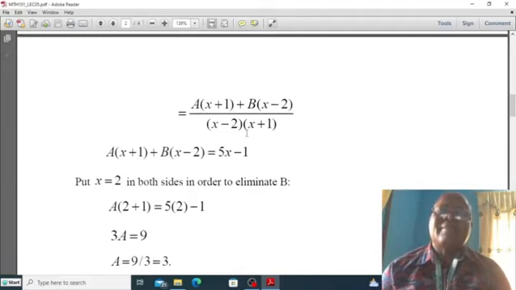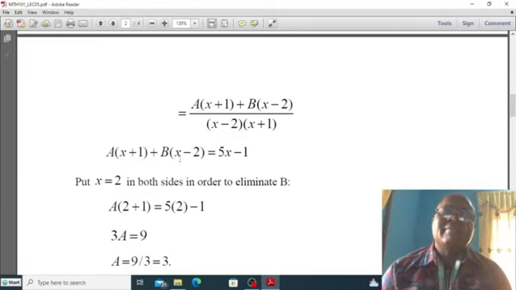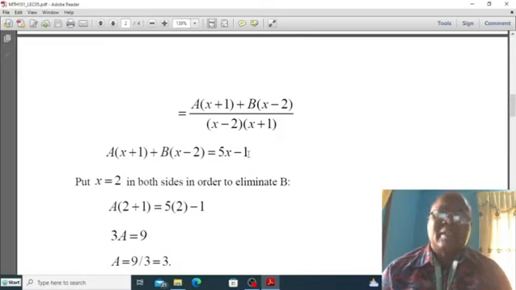In that case, the right hand side and left hand side are equal, and so we can equate the numerators. The right hand side numerator is here, A(x + 1) + B(x - 2) equal to 5x - 1. 5x - 1 is coming from the left hand side. How did you get A into (x + 1)?